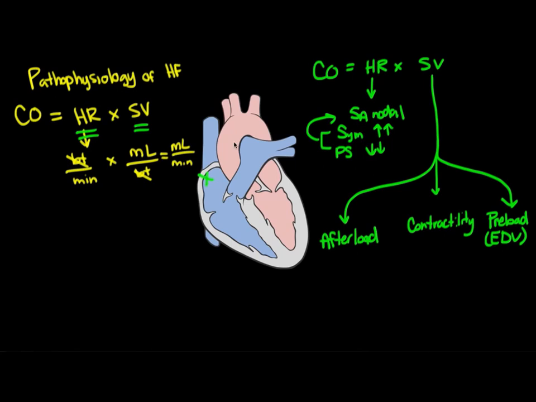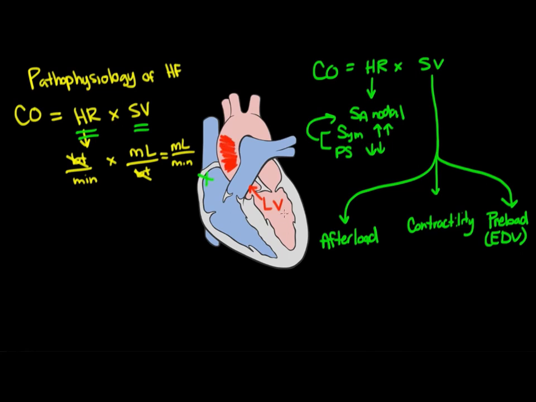And it's important to note that before we begin explaining, these terms can apply to both the right and left side. But more commonly, when people use these terms, they're talking about the left side because this is the side that generates your arterial pressure. So afterload is the pressure that the left ventricle right here has to pump out against. And so that's this pressure here in the aorta that is basically opposing the blood coming from the left ventricle.